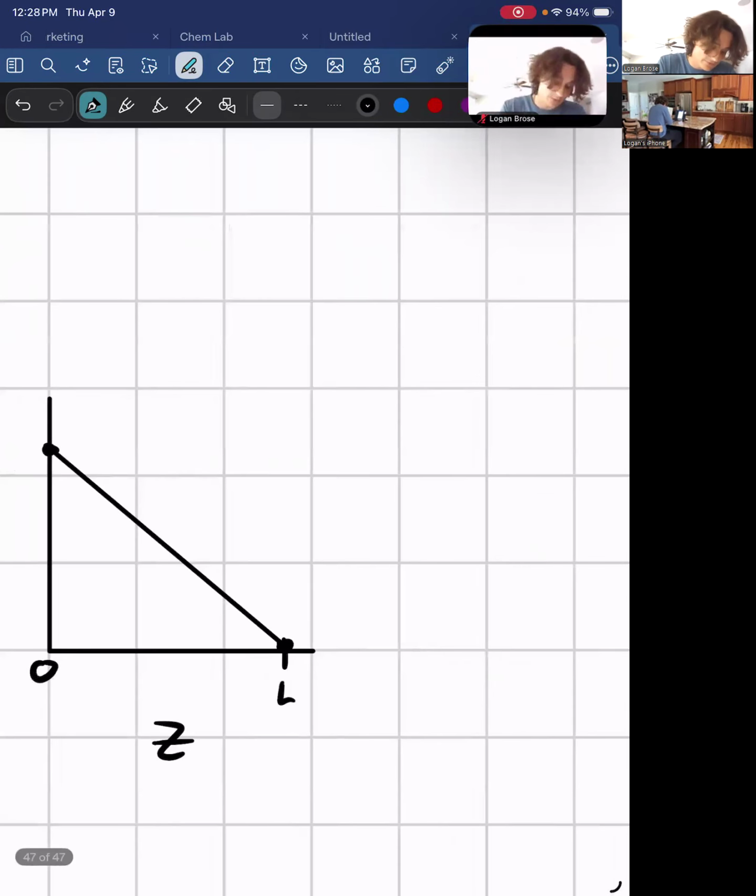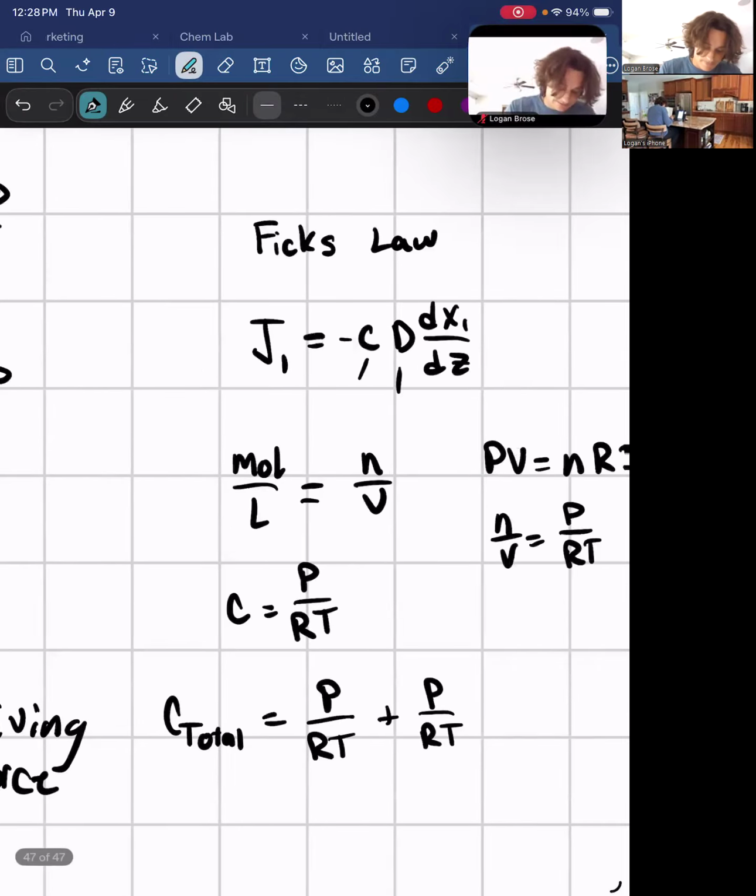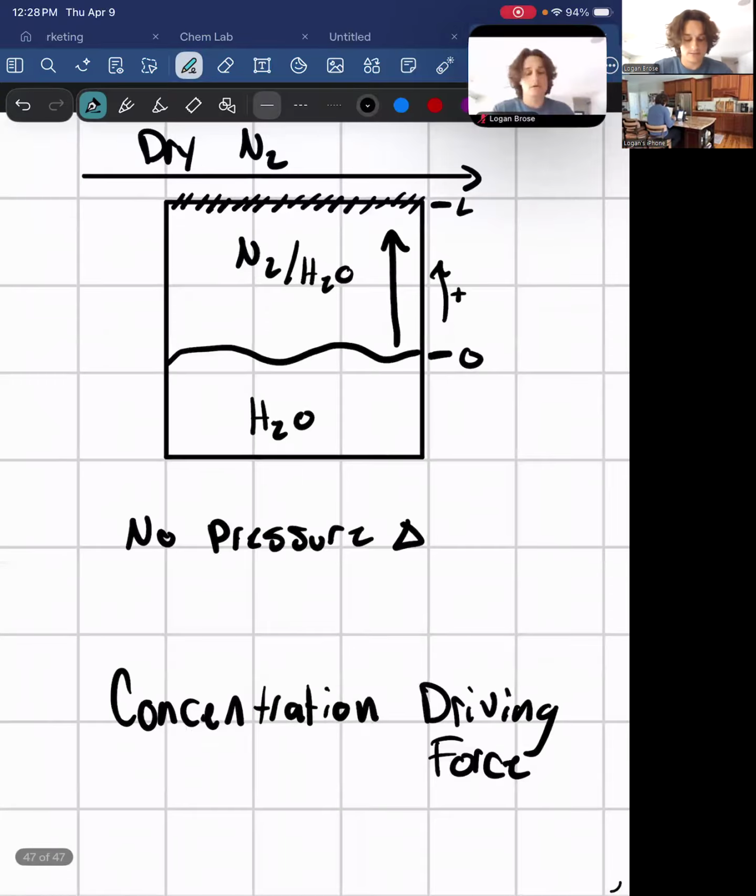And so when we're looking at diffusion, typically we think that at our L point, that's where our highest content of nitrogen is, and it is going to decrease. But as we go down, this nitrogen has nowhere to go.